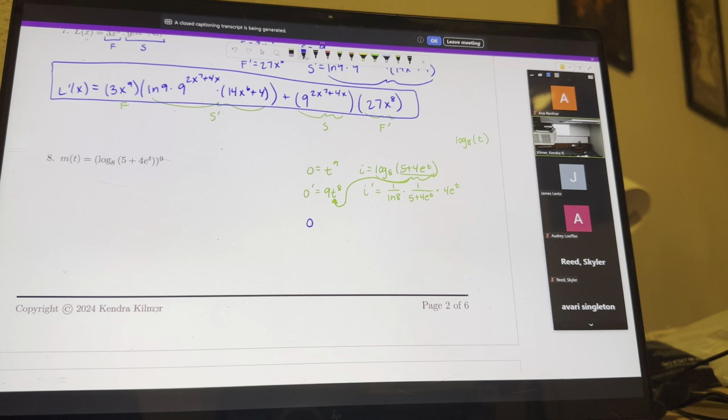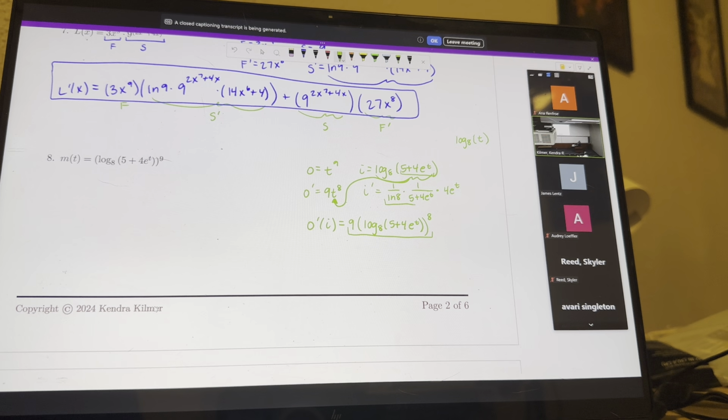So O prime of I. So I'm just evaluating this at I. So I'm plugging in I for every occurrence of t. So 9 times log base 8 of 5 plus 4e to the t, that whole thing raised to the 8th power. Okay, so this is my derivative of my outside evaluated at the inside.